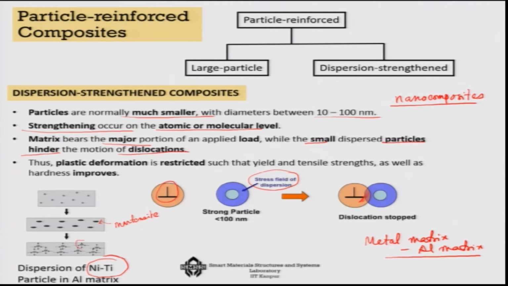So, they are going to develop a state of stress depending on how they are trying to expand, and that is actually generating compressive stress. Imagine that you have a crack here. Because this particle is trying to expand, there is a compressive stress from both sides, which will not allow the crack to expand. So, dispersion of nickel titanium particles in aluminum matrix is a good example of dispersion strengthening.